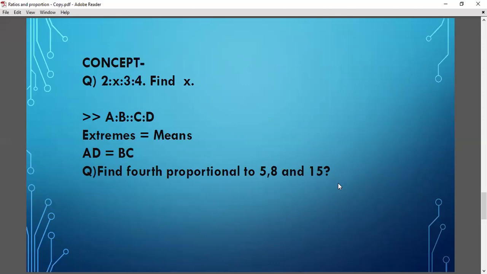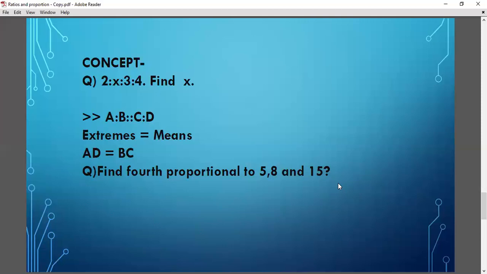Just like in the following question, find fourth proportional to 5, 8, and 15. For that, they're simply asking you the fourth element of the proportion. So simply they're asking about D.